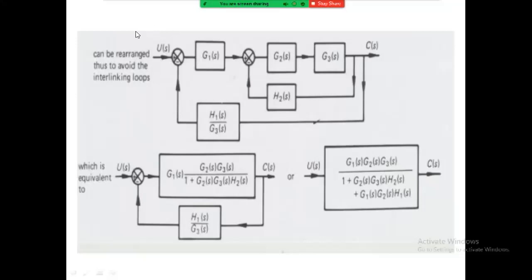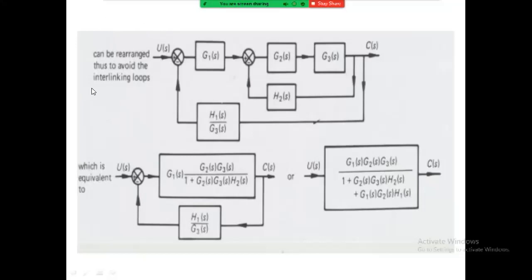Whenever we multiply these two blocks we obtain one block, and this H of S, that is H2 of S, will be in parallel. So the formula 1 upon 1 plus G2 of S into H of S will be applicable here. After that, one equation is obtained, and that equation is in cascade with the given block.